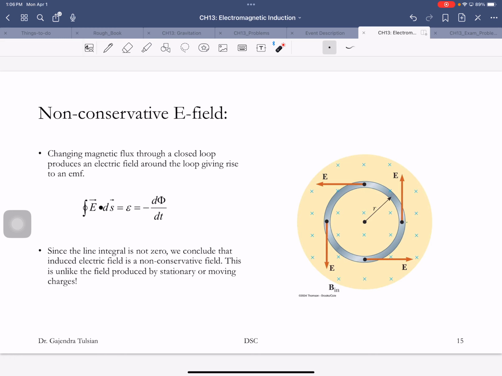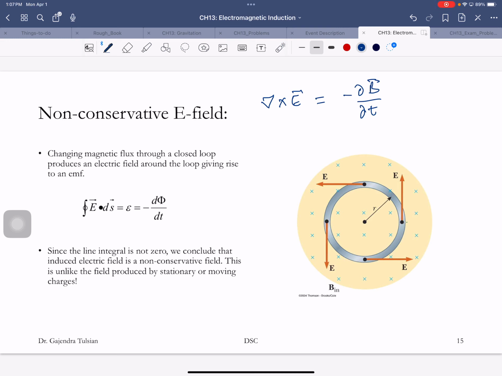All right, so now we saw that this equation tells you that time-varying magnetic fields produce electric fields. It turns out that the nature of this electric field is slightly different than the one produced by a charge.